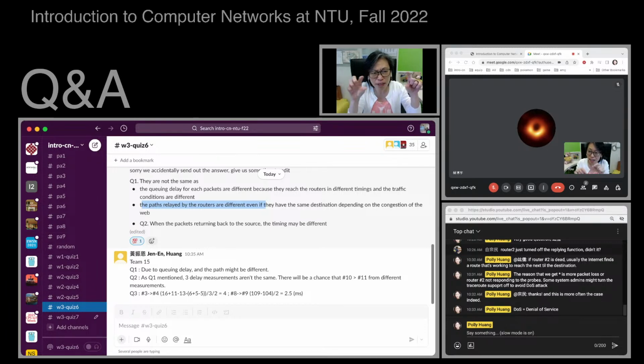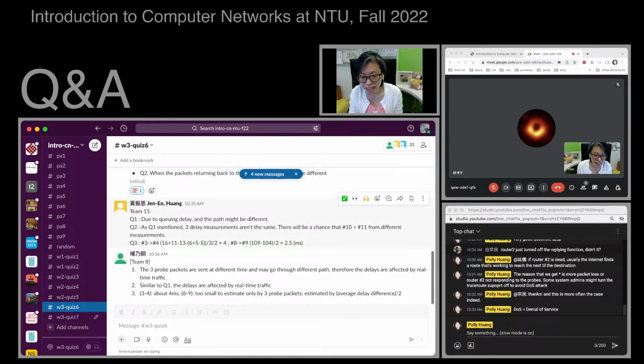And in one of the hops, we're seeing 3 different routers for 3 different probes. So the routes themselves for 3 different probes can in fact be different, even though the destination is the same. Very good. So these are the 2 main reasons that you see the measurements are not quite the same.